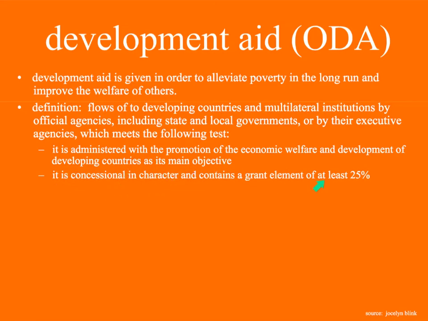It contains a grant element of at least 25%, which simply means that part of it doesn't have to be paid back. So the idea of development aid is long-term improvement of the welfare of others. On the next slide, we're going to look at the different kinds of development aid.